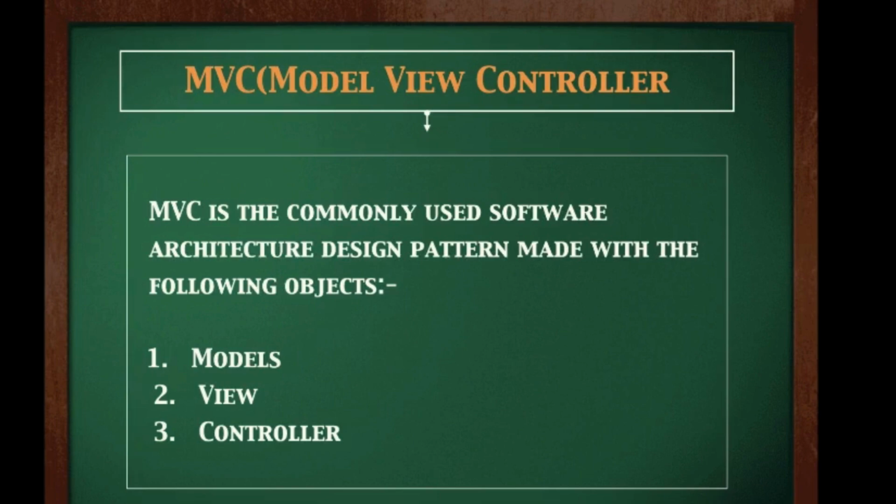MVC is the commonly used software architecture design pattern made with the following objects: model, view, and controller. Firstly, the model contains the things that are used to handle the data of the application. The models are used to parse the request and response with the server's API.